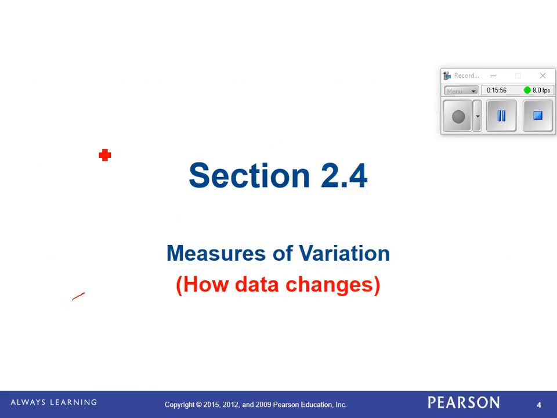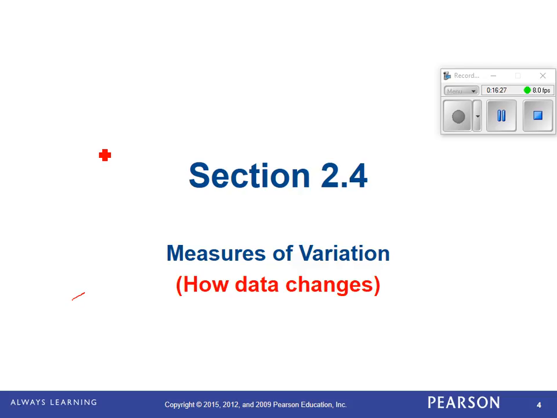Measures of variation, that's what we're going to cover today. What does the word variation mean? How it changes. How something moves up or down. How things vary. So that's what we're going to deal with: how things vary from one piece of data to the next one. What we covered before was measures of central tendency, what tends to happen in the center of the data.